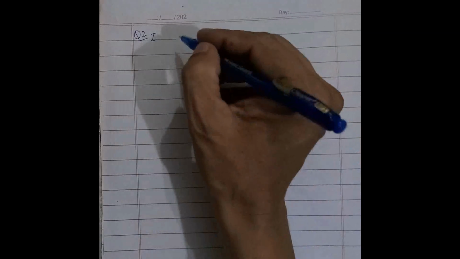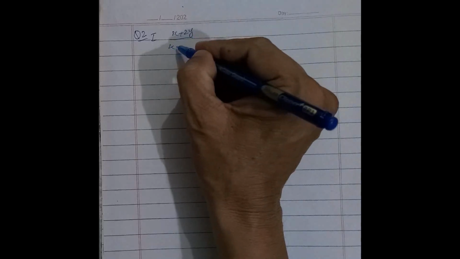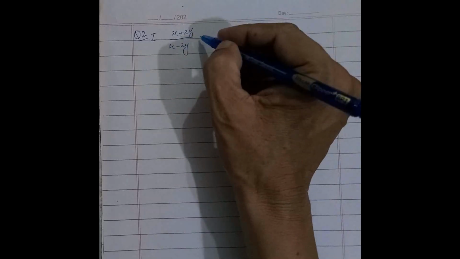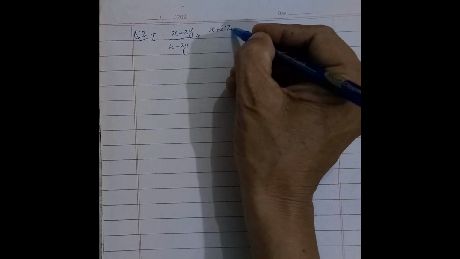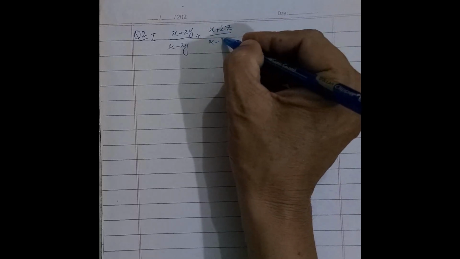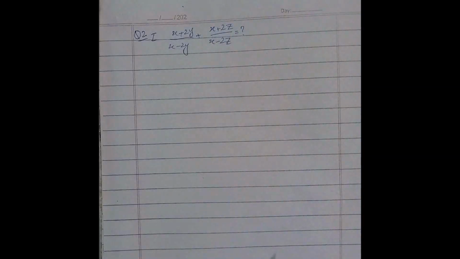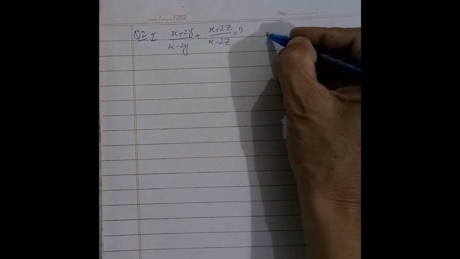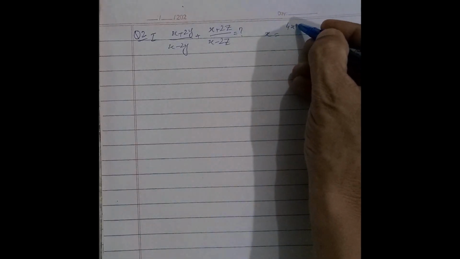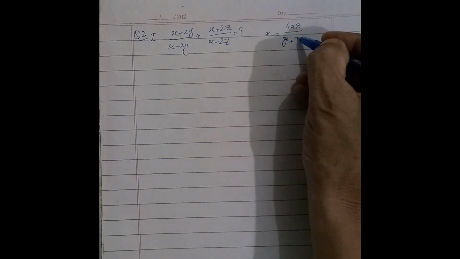find the value of x plus 2y over x minus 2y plus x plus 2z over x minus 2z, and we find the values of these, and we have x is equal to 4yz over y plus z.